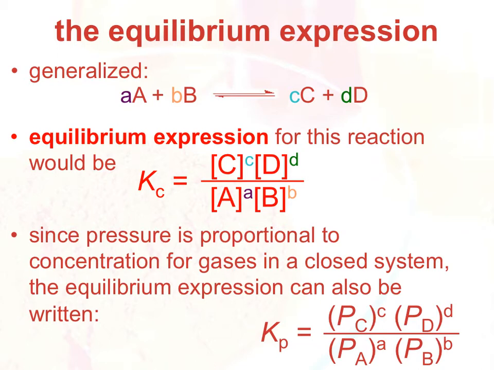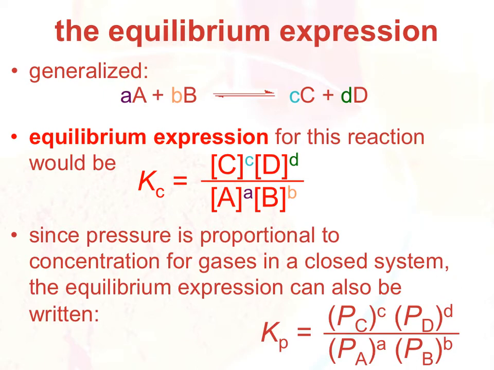Basically, our equilibrium constant is going to be equal to the concentration of our products to the coefficient in front of them divided by the concentration of our reactants to the coefficient in front of them. This is how we write our equilibrium expression, and we can derive them from generalized chemical equations.